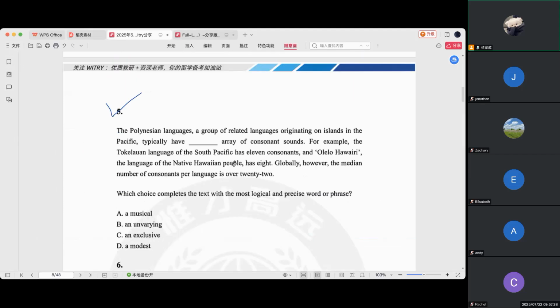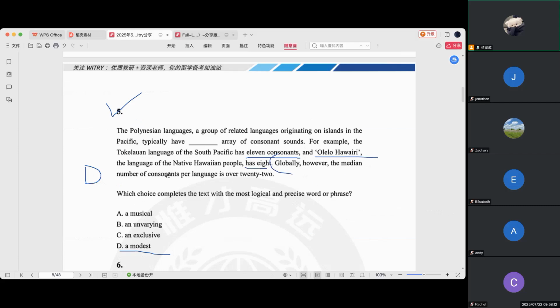Okay. And the last one, question number 5, the right answer would be D. Yeah, it will be modest array of consonant sounds. And here, the evidence is actually in the second sentence, because it says that, for example, this language has 11 consonants, and this one has 8.